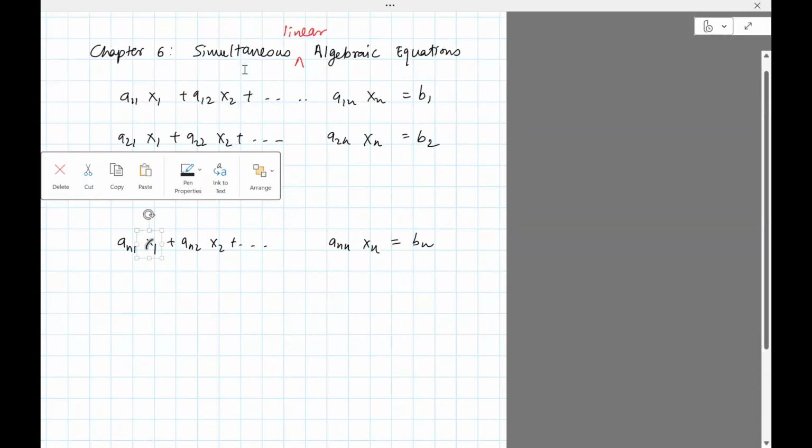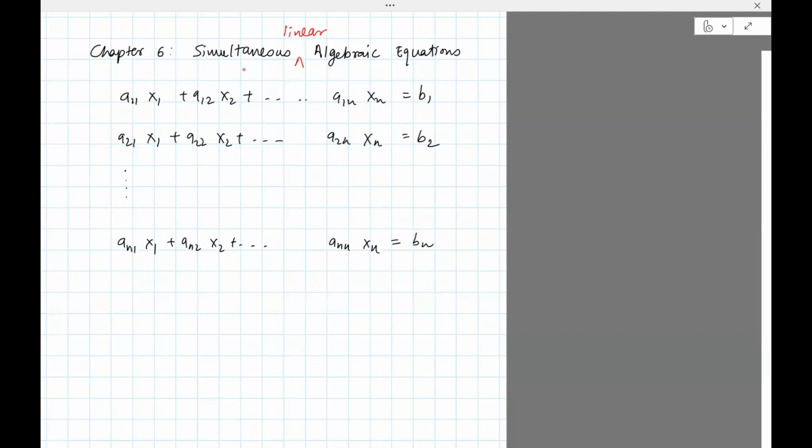If you count 1 all the way to n, you'll see that there are n equations.